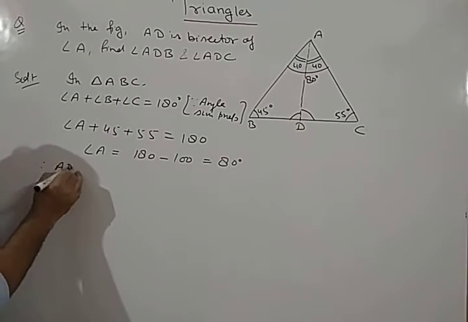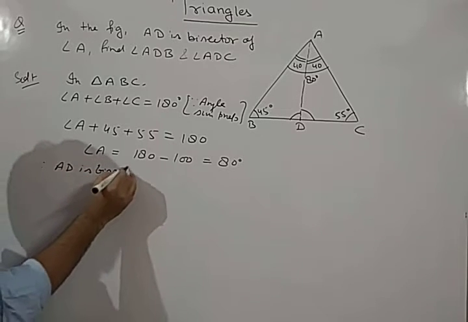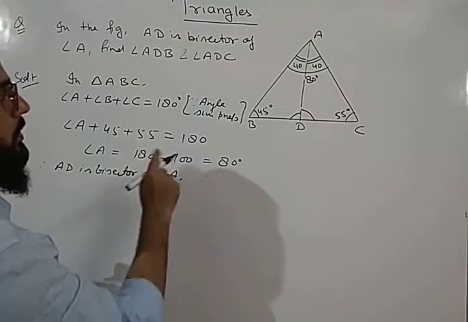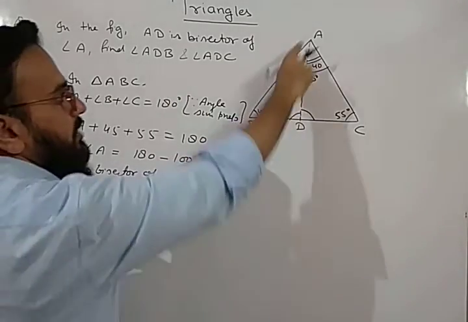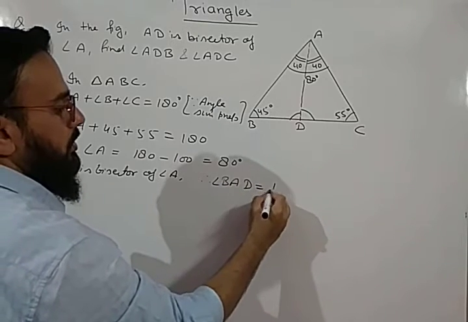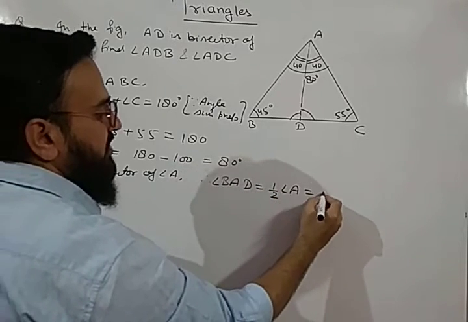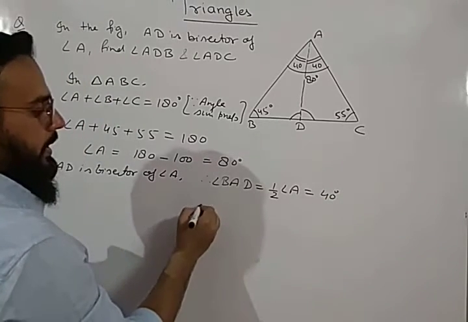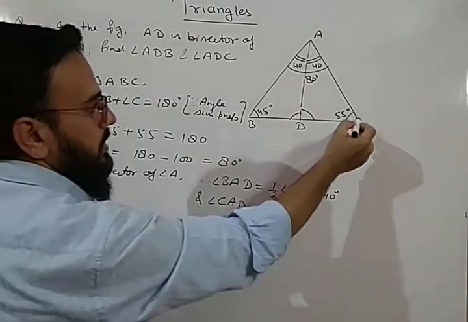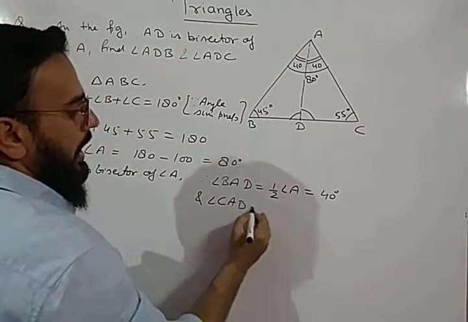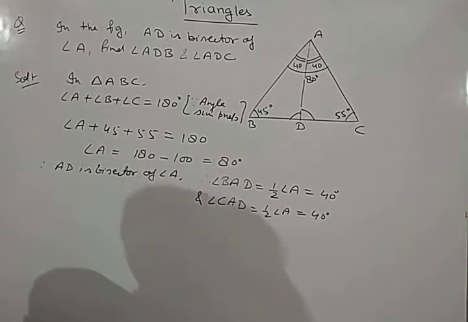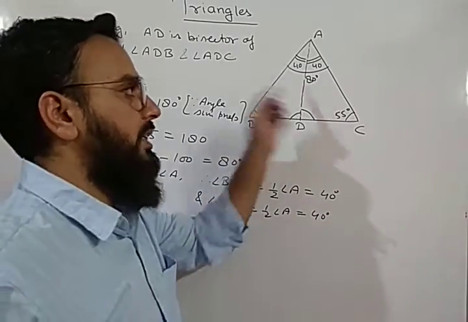Since AD is the bisector of angle A, angle BAD is equal to half of angle A, which will be equal to 40 degree, and angle CAD is also half of angle A, which will also be equal to 40 degree. So we have found these two angles, 40 and 40.